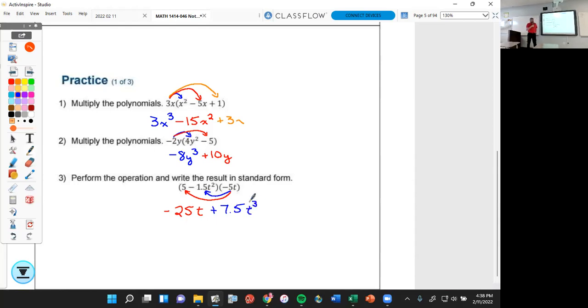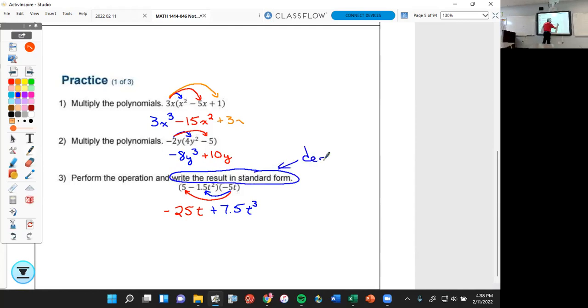Now, if you see a problem like this on your homework and you leave the answer like that, you're going to be wrong. And here's why. If you'll notice, it tells us to write the answer in standard form. So remember, when you see standard form, that means decreasing powers. Well, the way I've written my answer right now, I've got negative 25t, that's to the first power, and then 7.5t cubed, that's to the third power.